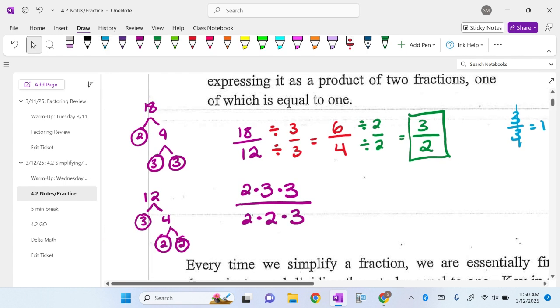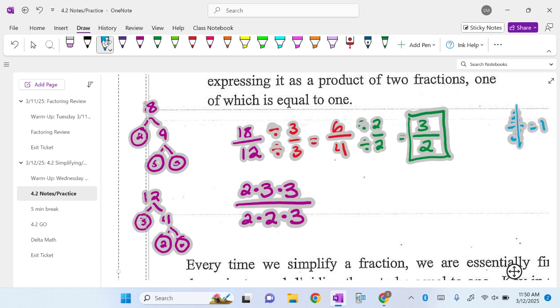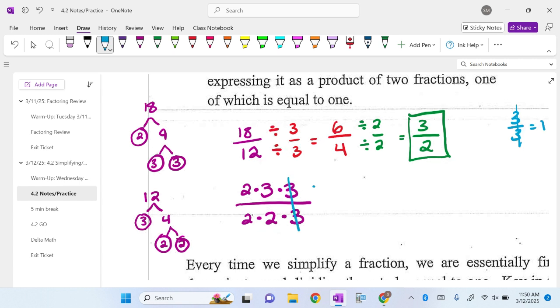If we have the same number being multiplied in the numerator and the denominator, we can cross out the pairs. So I have a 3 in the top and a 3 in the bottom, so I can cross these two out. I have a 2 in the top and a 2 in the bottom, so I can cross this pair out. And then what am I left with? 3 over 2. Is that not exactly what we got in the top part?